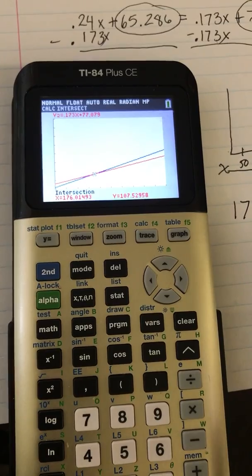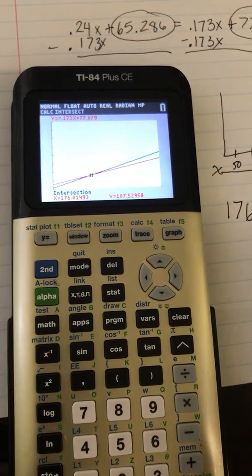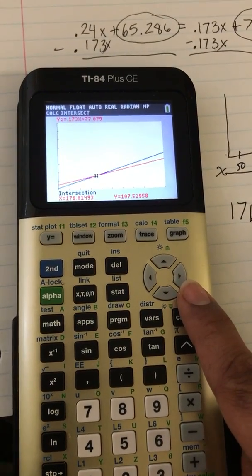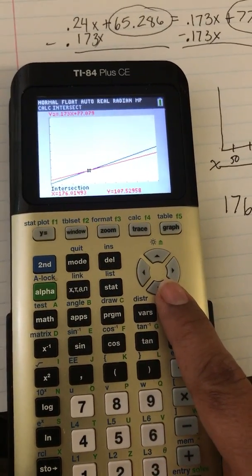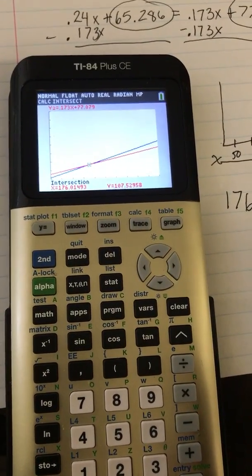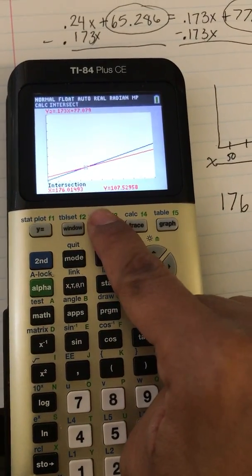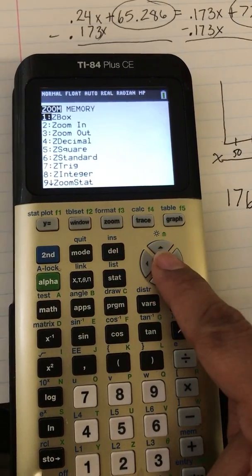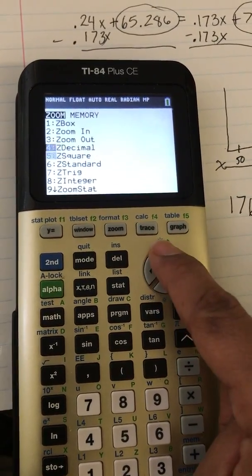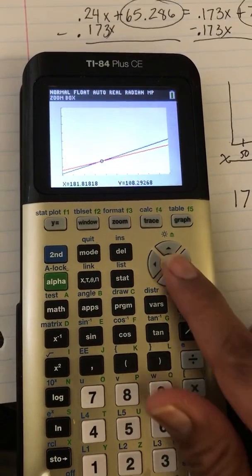Now, I had a student say that it didn't calculate the intersection because of whatever reason. Some calculators have less accuracy than others. So mine is a newer version of the TI-84 plus CE. So that's why mine probably calculated it. But if you don't have that capability, what you can do is go to Zoom and go to the one called Zoom box, which is number 1.